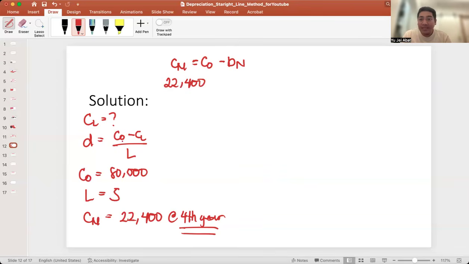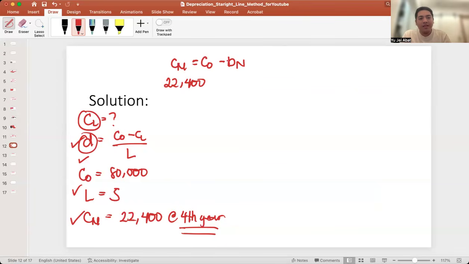Okay. As we can see, if we go back again to our equation here, we are asked to find the C sub L. But the problem is, we have C sub O, we have L, but we don't have D. So we need to find the D. Okay? So we are given the book value.